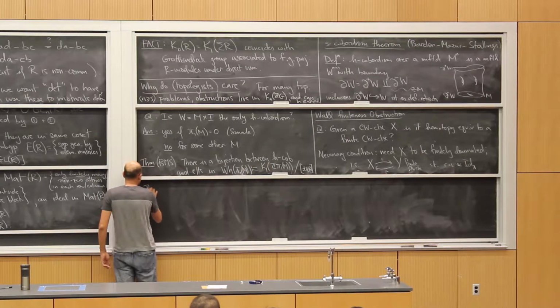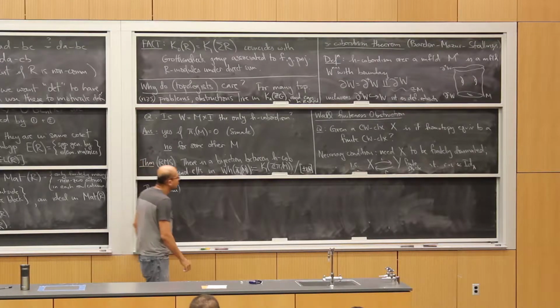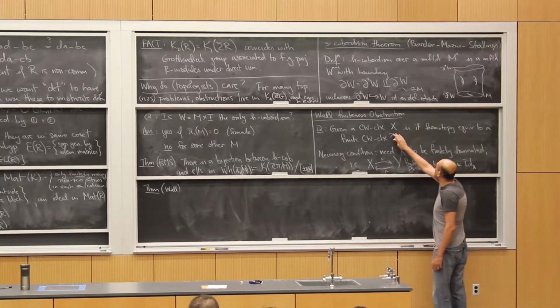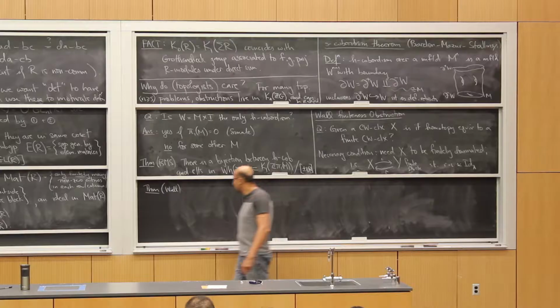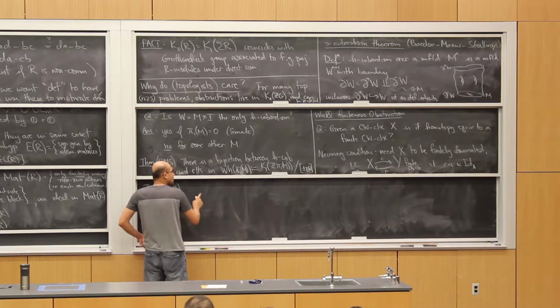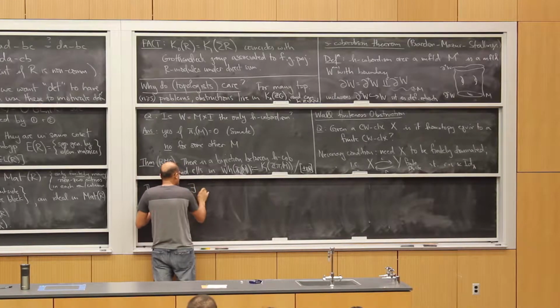So then, theorem, Wall. There's a bijection between the CW complex being homotopy equivalent to a finite CW complex. Actually, in that case, I don't think it's a bijection. So there is an obstruction. Let me correct.